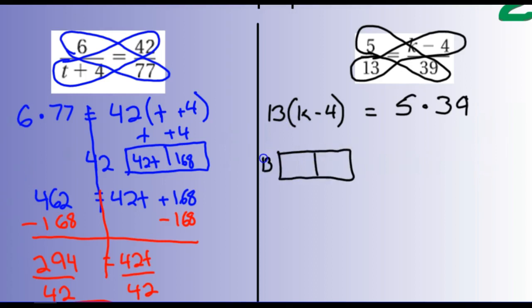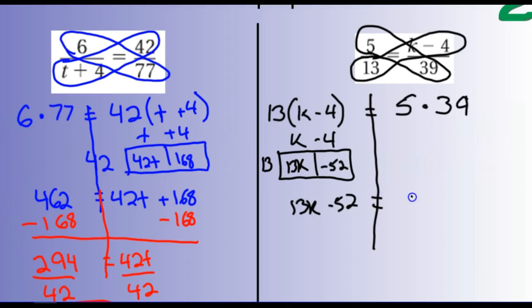So 13 and k minus 4 is on top. 13 times k is 13k. 13 times negative 4 gives me negative 52. So 13k minus 52 equals 5 times 39, which gives me 195.